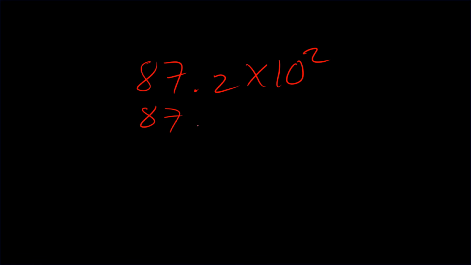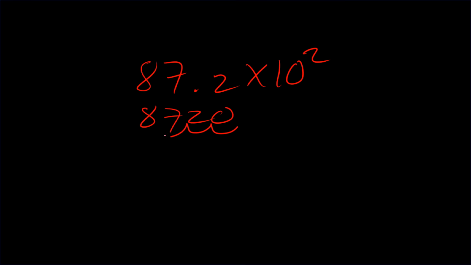So dito, 87.2 times 10 raised to 2, if we want to express this again into correct scientific notation, you need to convert it back to its original and then convert it back to scientific notation again. So gagawin natin siyang 8,720, and then express na natin siya into correct number of significant figures.